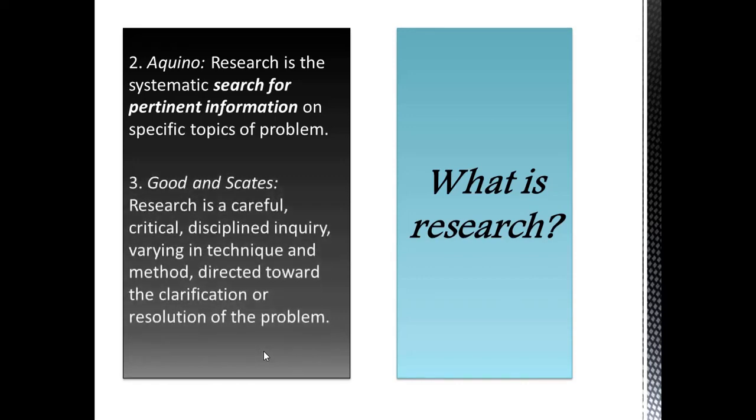And then, Good and Scates said that research is a careful, critical, disciplined inquiry, varying in technique. Researchers may differ in technique when they do the research, but all researchers are directed toward the clarification or resolution of the problem. It still comes out, why do you investigate? Why do you do your research?